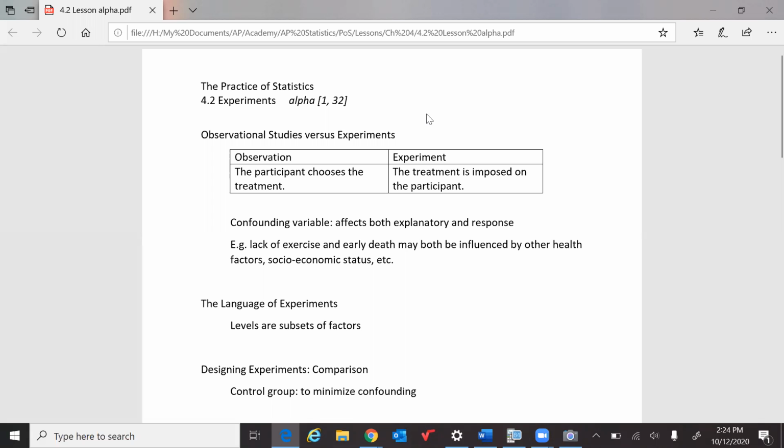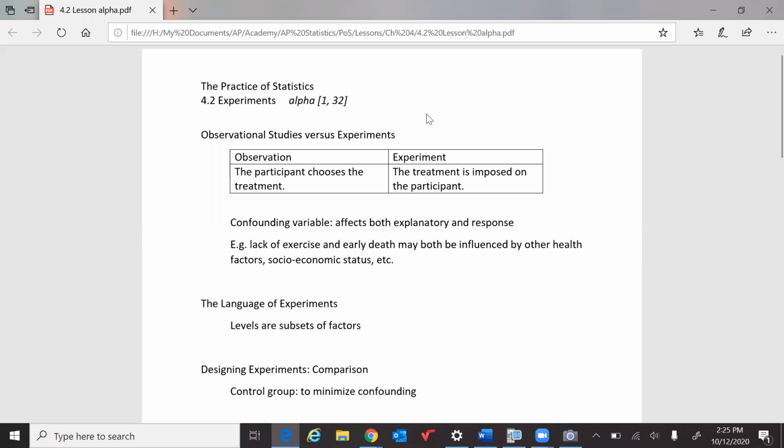But they both may be influenced by other factors. There could be health factors that prevent someone from exercising, and those health factors may contribute to their early death. There are other things that would influence both the exercise and the early death. Okay?